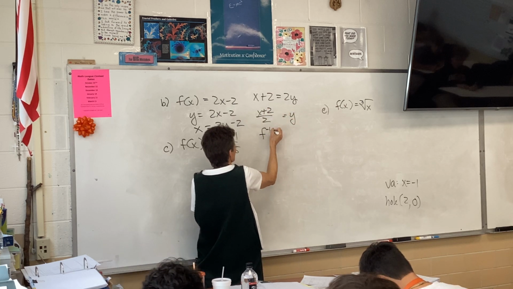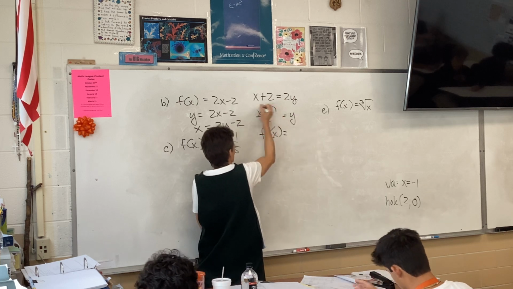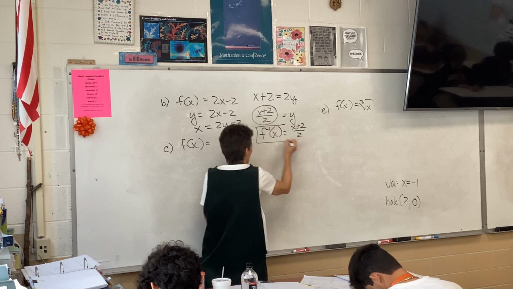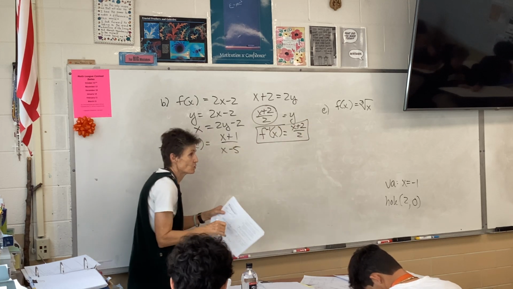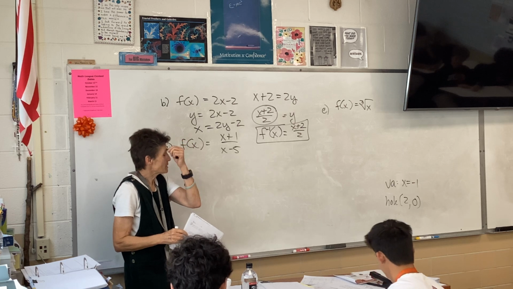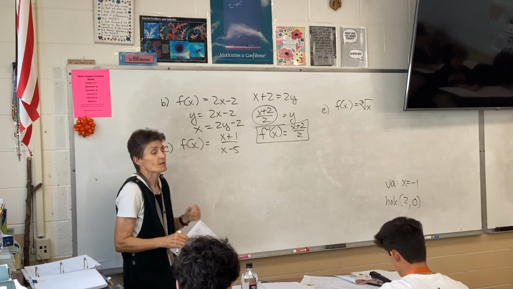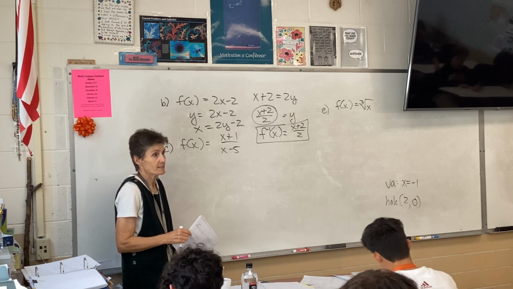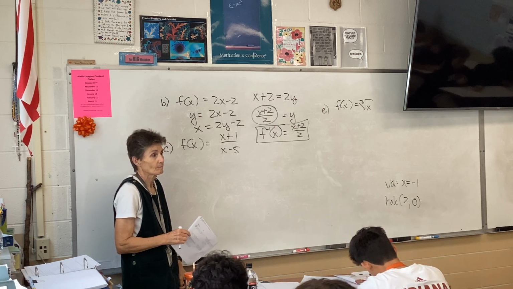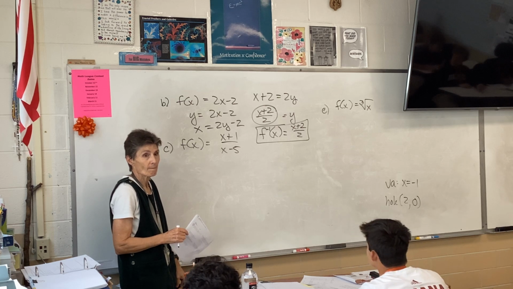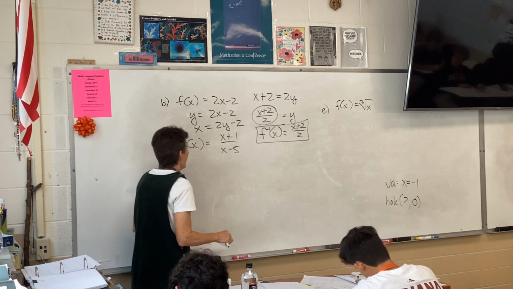So your inverse is right there, x plus 2 over 2. That would be the answer to the question. So again, how did we do that? We switched our variables and then got y by itself. Right? Okay, now what?